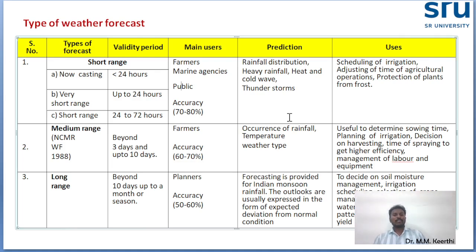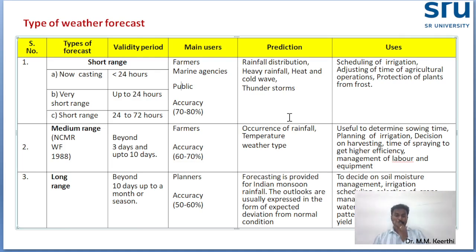They will not go for spraying. Since the forecast comes within 24 hours, he should either spray right now or postpone. So the farmer can postpone or prepone based on short range weather forecasting. These are only some of the uses.